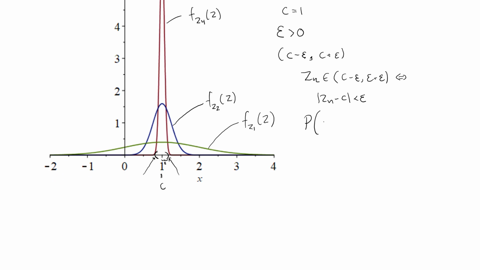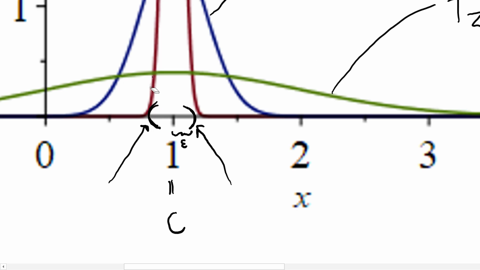So I can calculate the probability of Zn ending up in this tiny interval. Let's consider, for example, the probability that Z1 will end up in the interval. The green graph shows the PDF of Z1, and the probability of Z1 ending up in the interval would be this area here, which is very small.